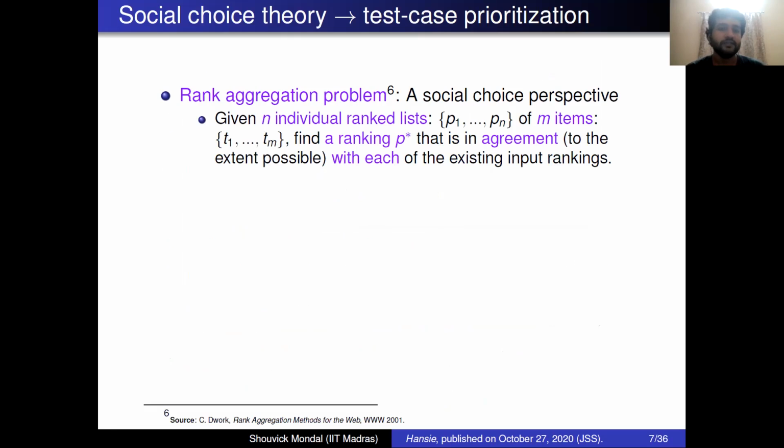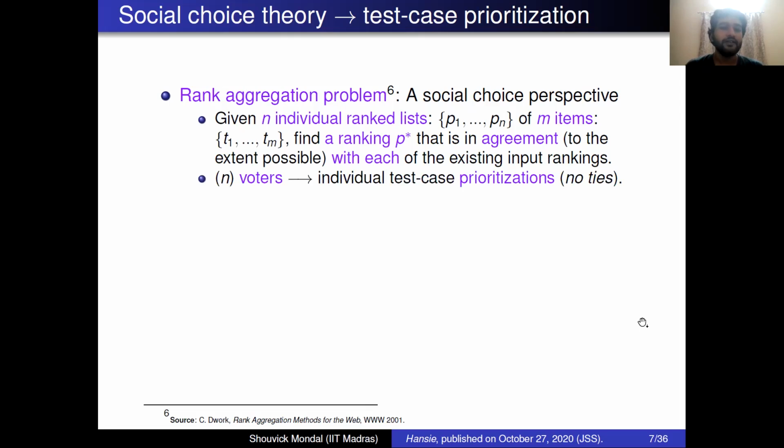Test case prioritization fits into this problem of social choice theory because ranking is involved. We want to find a ranking P star that is in agreement, to the extent possible, with each of the input rankings. This agreement is in terms of permutation distance, that is, the complement of that agreement. So the job is to minimize the disagreement and maximize the agreement.